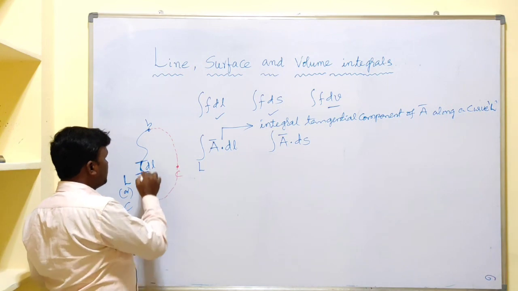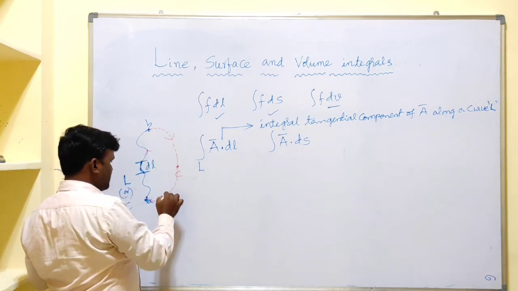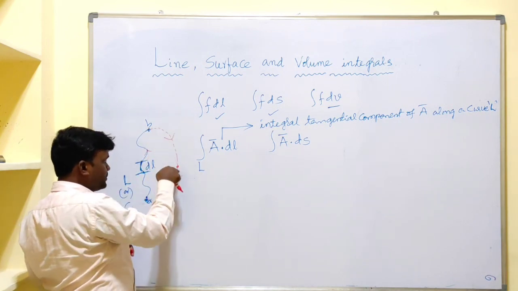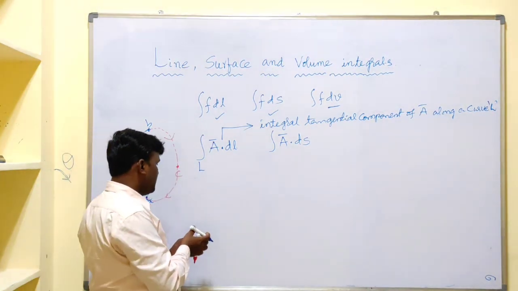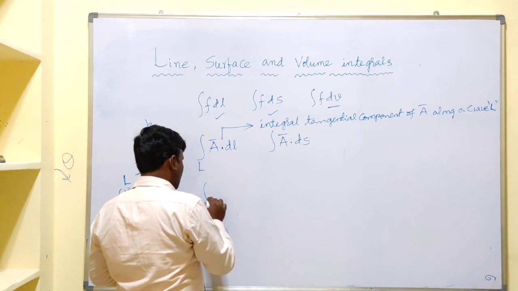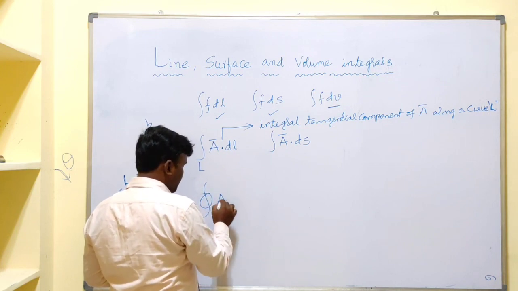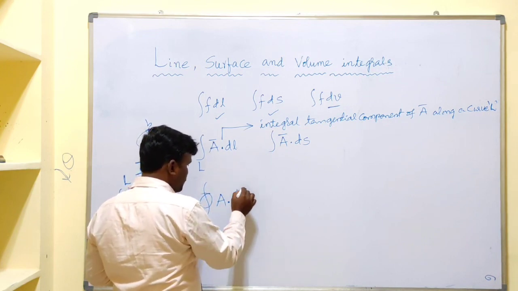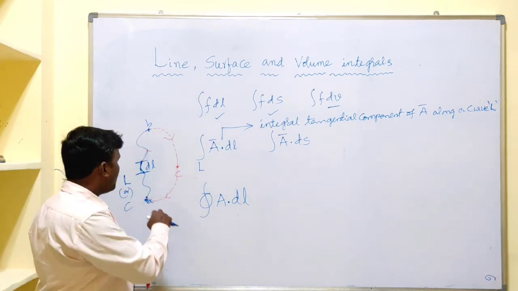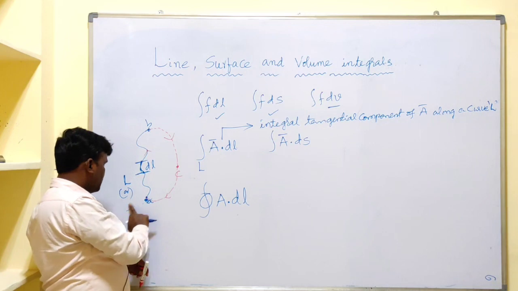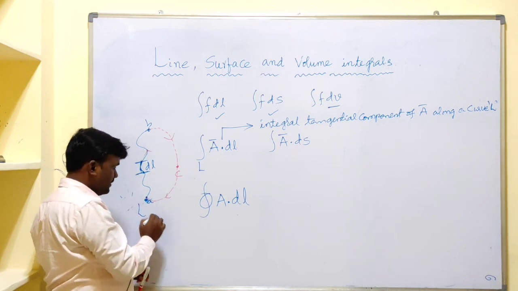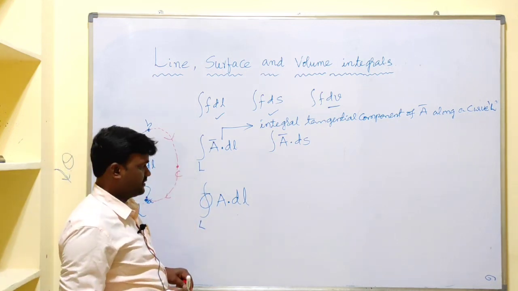The path of integration is a to b, b to c, and next c to a. In that case, we can write the closed line integral of A around a closed path L like this.